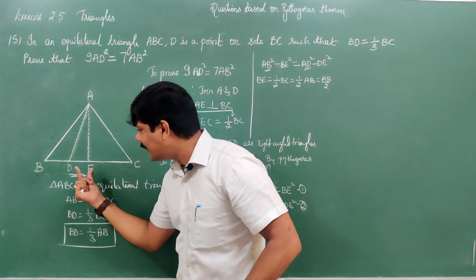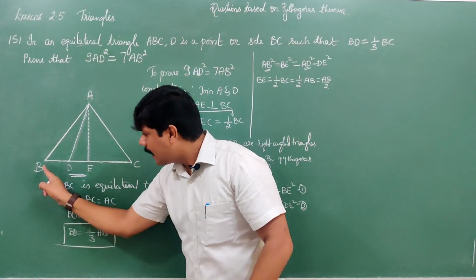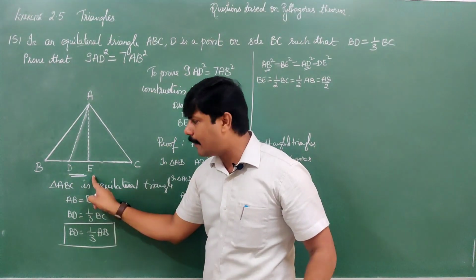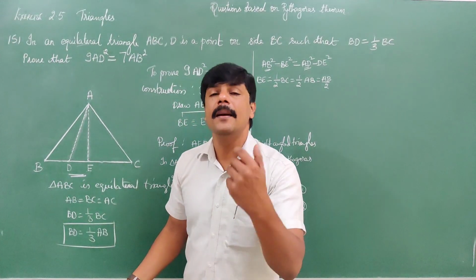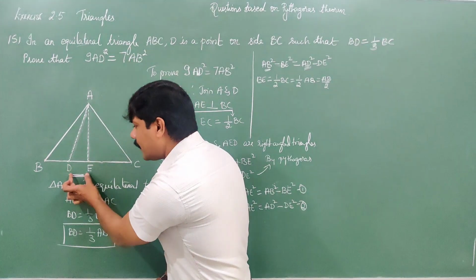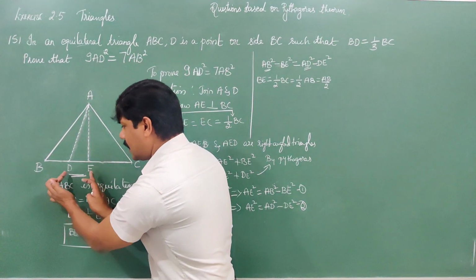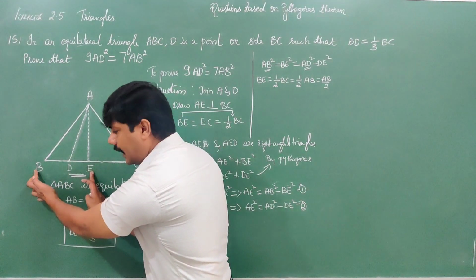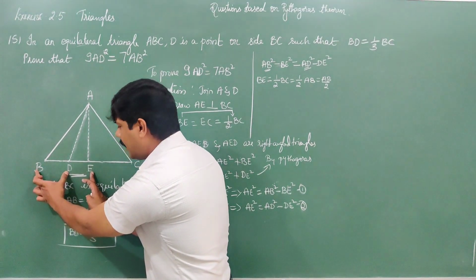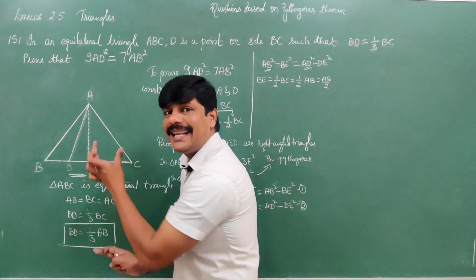But if I take DE as BE minus BD, what is BE minus BD? It is nothing but DE itself. In BE, if you subtract BD, the remaining part is DE.